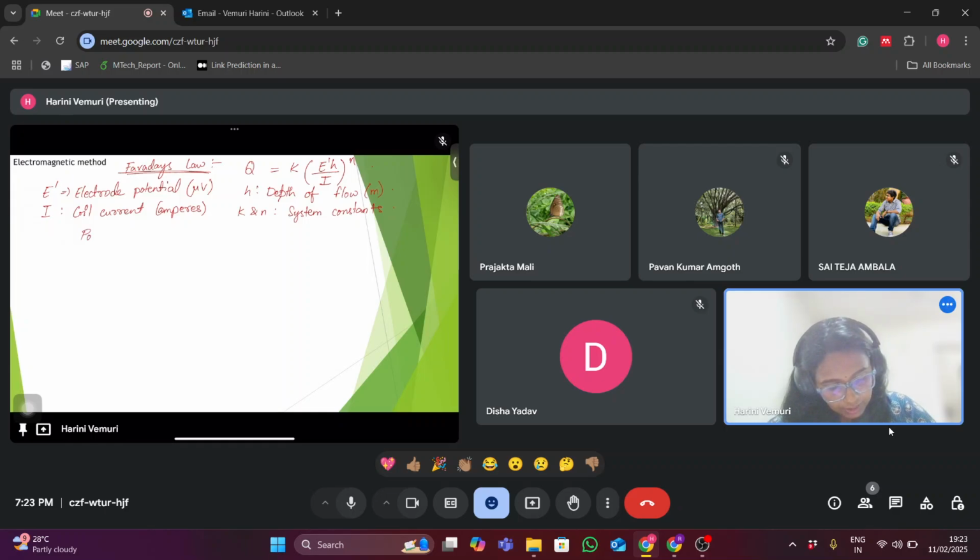Okay. And the main thing is that whatever potential is generated here will be proportional to the width of the river in meters, into the magnetic field, into the average velocity.